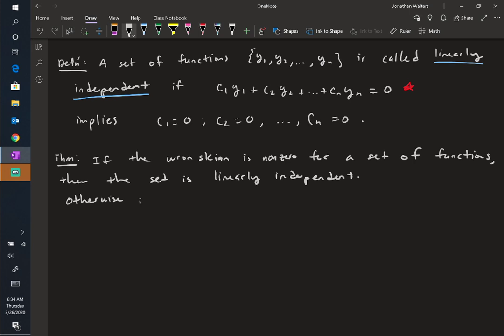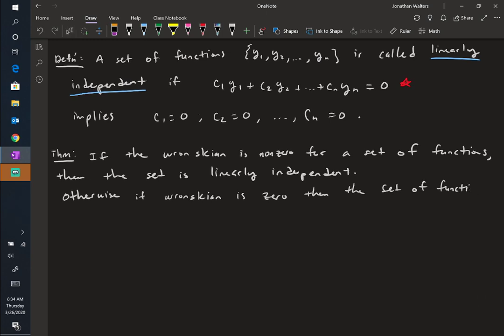Otherwise, if the Wronskian is 0, then the set of functions is linearly dependent.